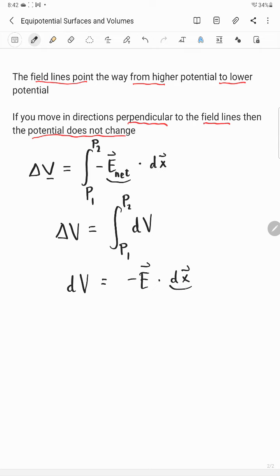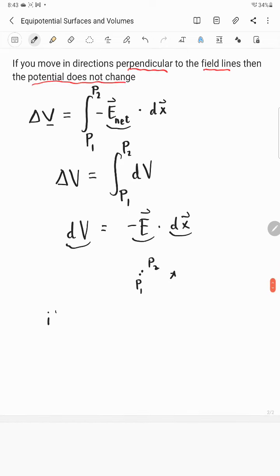That is, there's a direction associated with them. So these dx's are just two places in space really close to each other, right? So this could be like place 1 and place 2. And this little vector is this little tiny calculus arrow. And I'm imagining taking the net electric field and dotting against a tiny calculus arrow to understand what's the difference in potential between these two nearby positions, right? They're nearby each other in an infinitesimal calculus sense.